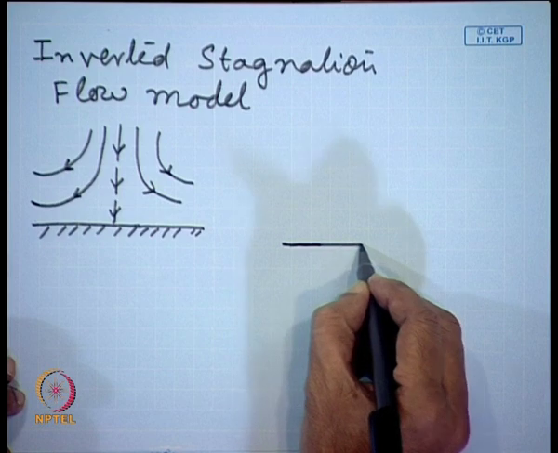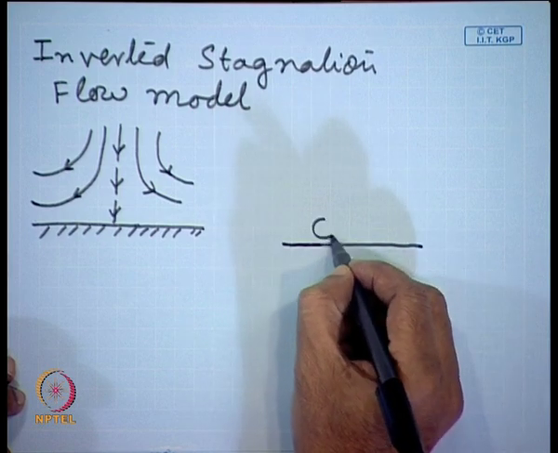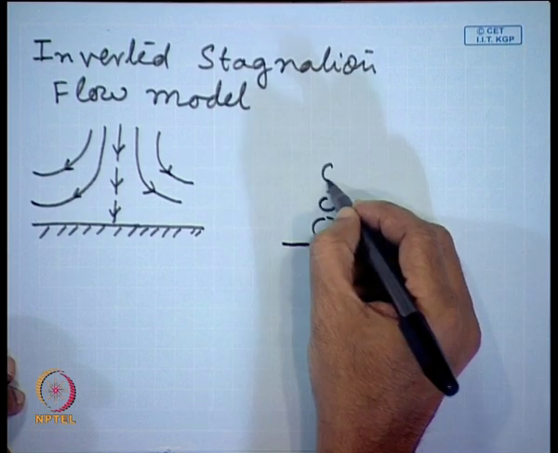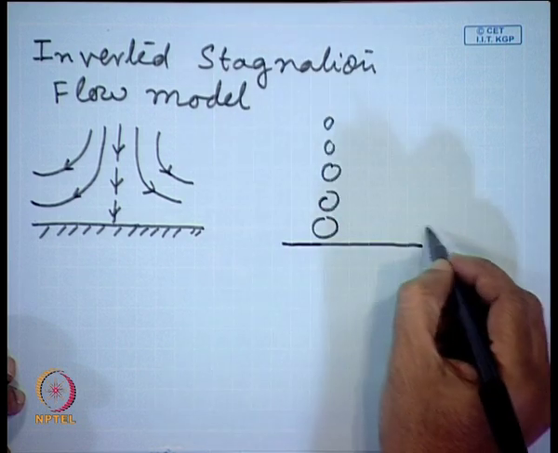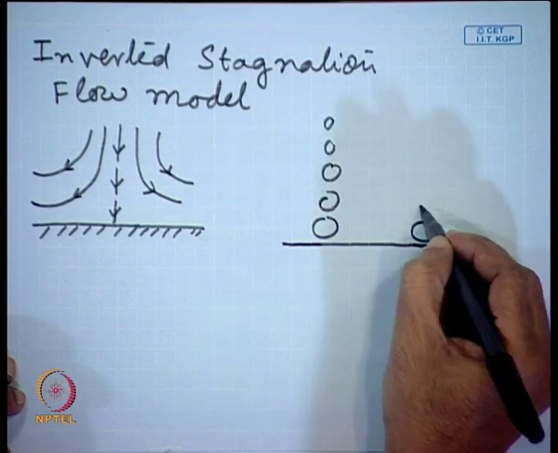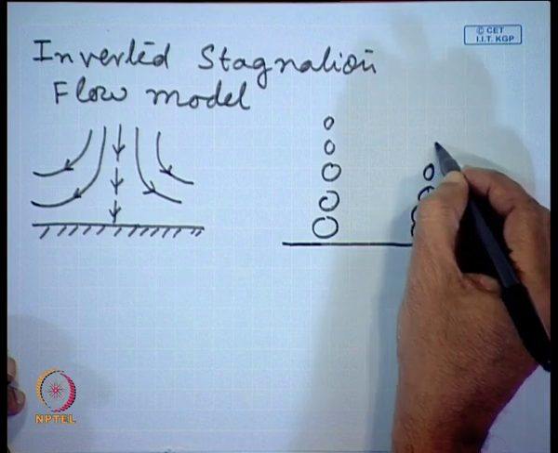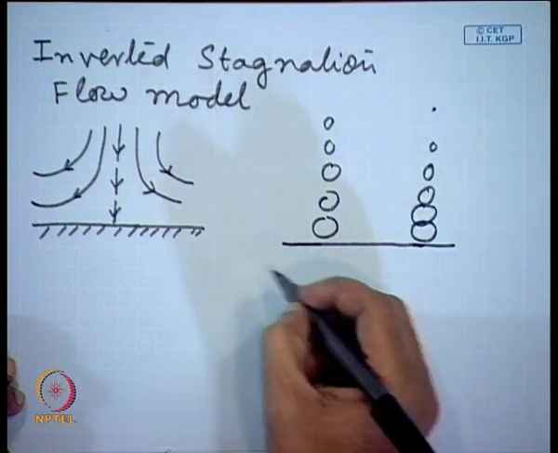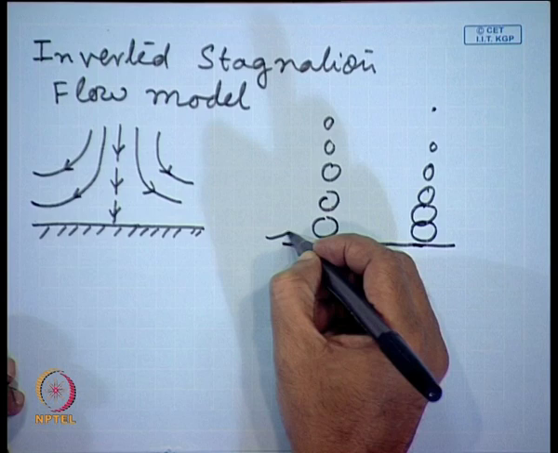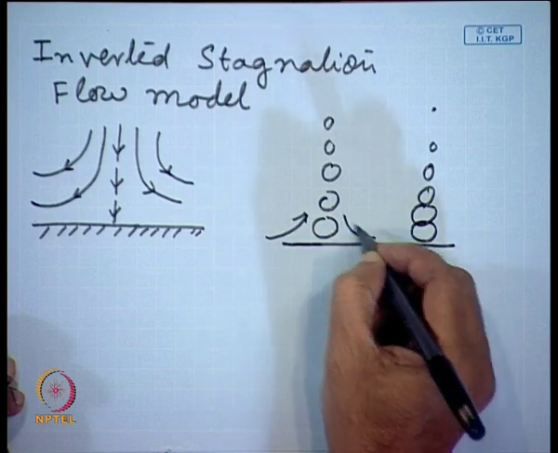It is like this, that a bubble column is there. So, bubbles are leaving like this. There is another bubble column. So, bubbles are leaving like this. So, as the bubbles are leaving like this, as I have told, it will draw fluid.